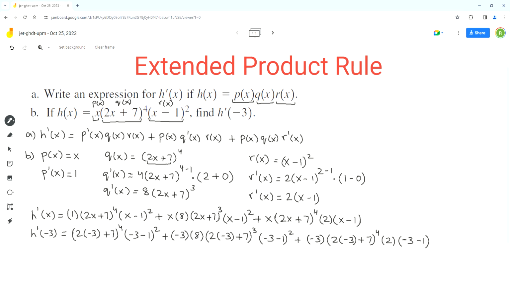Now we have to evaluate this expression. So we'll start by simplifying the terms in the parentheses. 2 times negative 3 is negative 6, and negative 6 plus 7 is 1.